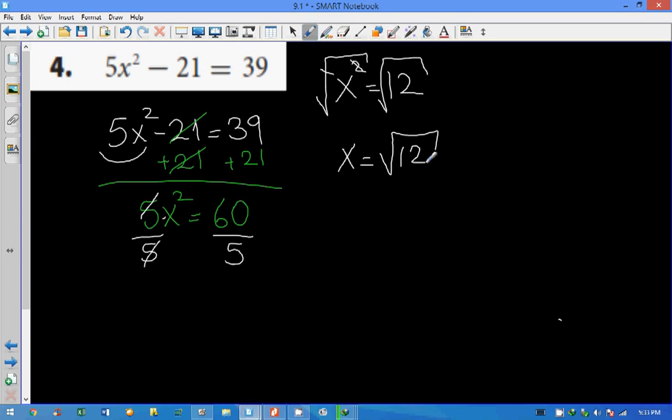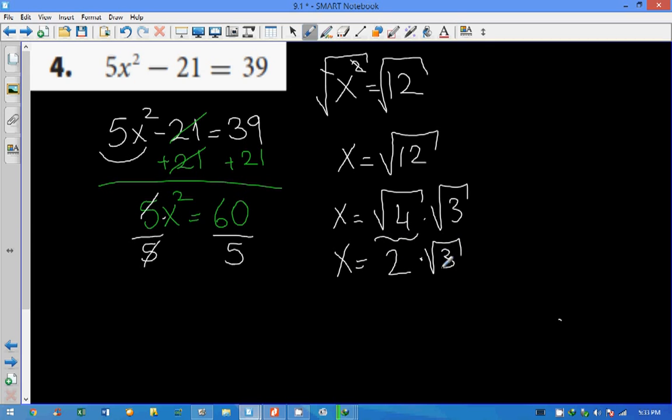Then we have to simplify this. x equals root 4 times root 3. Root 4 times root 3 is root 12, and those are the factors of 12, by the way. Root 4 is 2 and root 3 is root 3. The final answer is x equals 2 root 3.